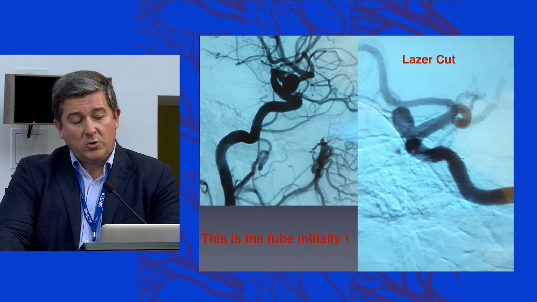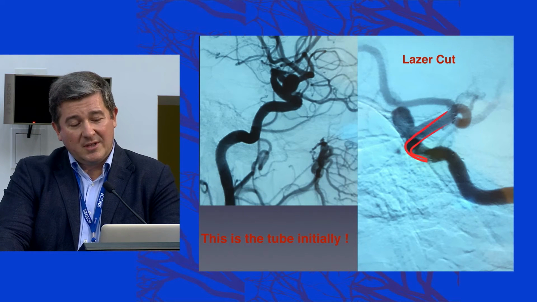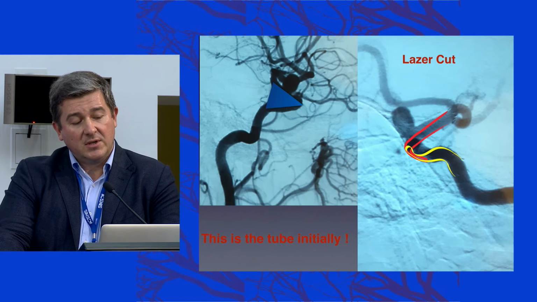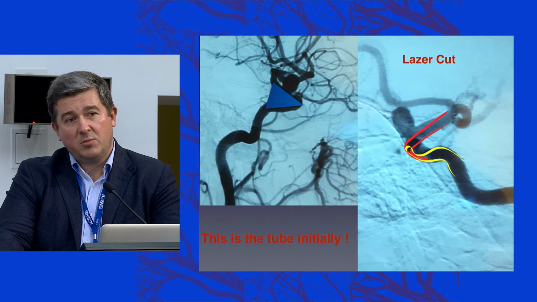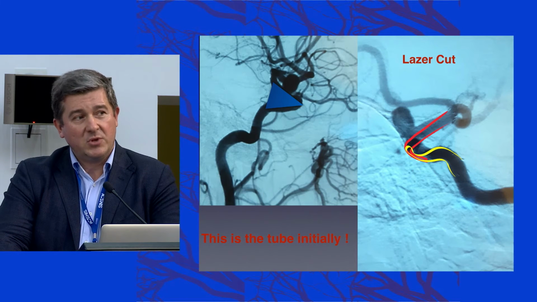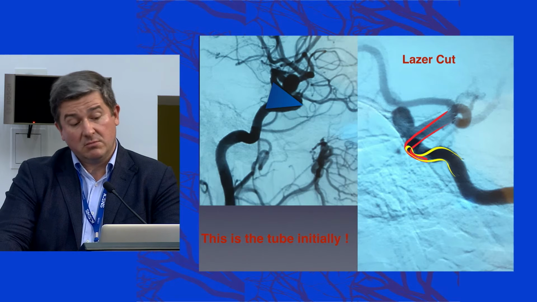This is a typical example of working with a laser cut stent. It's enough to have an acute angle. And look, in this angle, two struts are broken. It is senseless to expect that they will open.